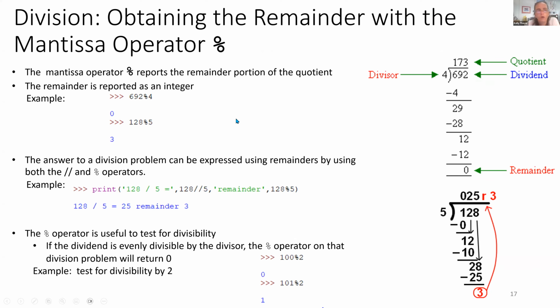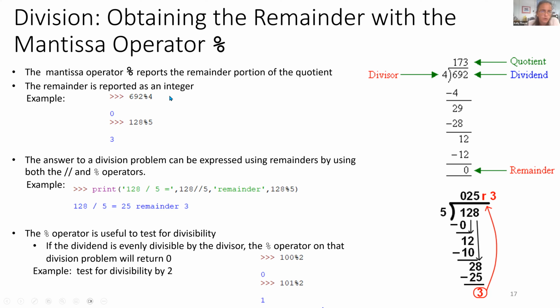And suppose you wanted to know something about the remainder. Well, we have the modulus operator, or the percent symbol, in order to do this. The modulus operator percent reports the remainder portion of the quotient. The remainder is reported as an integer. So it's not the decimal point value, it's going to be how many are left over when you did the math with division and you put the remainder in before you learned how to carry out more decimal places.